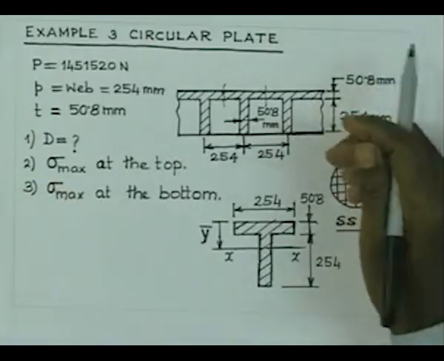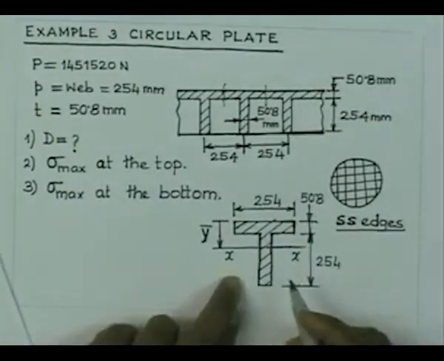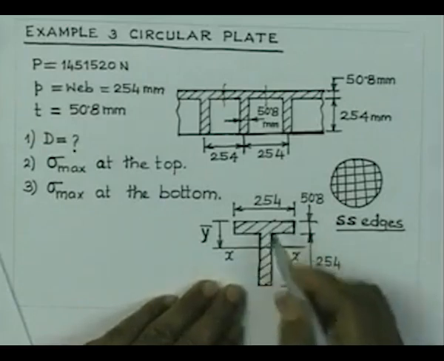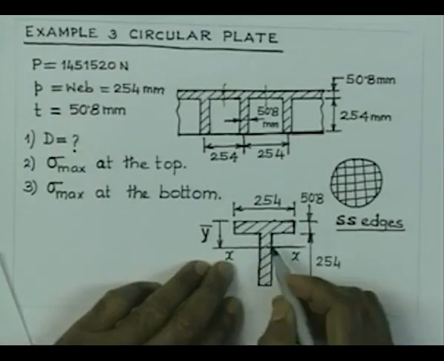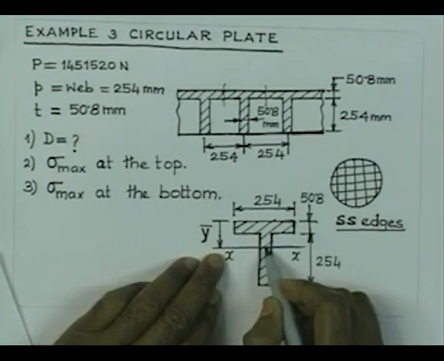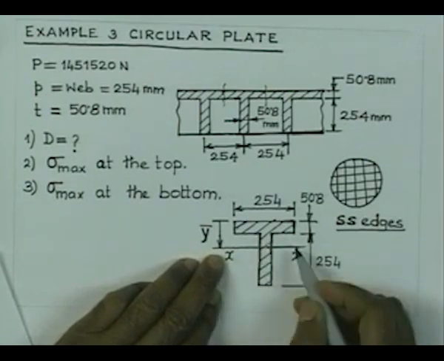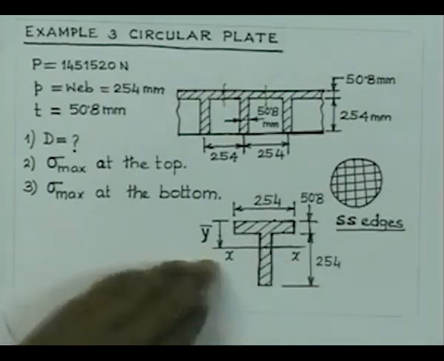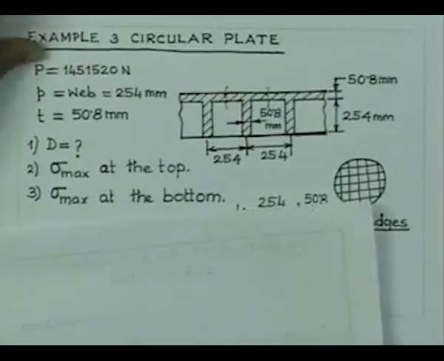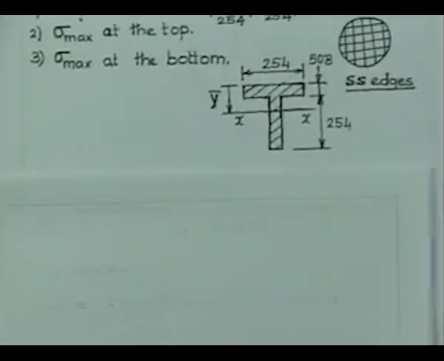So, before we do that, it is necessary to calculate the I for this section. You treat it as if this is the section of the plate and therefore, we can now calculate the location of the CG. All the dimensions are known, and I would like to just be brief here.